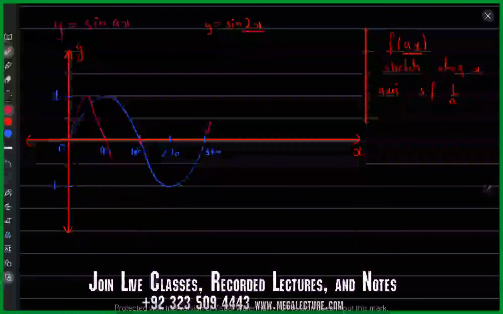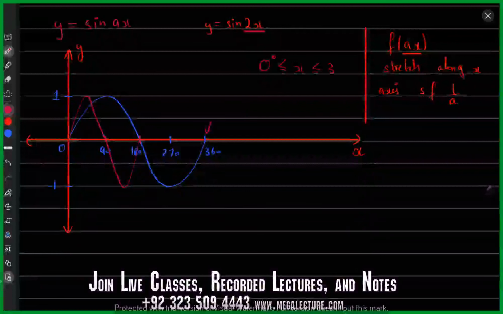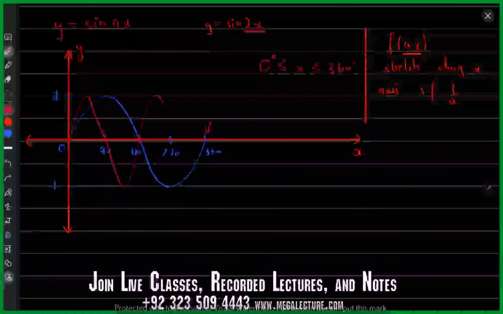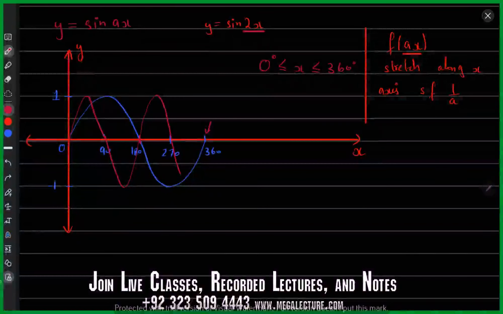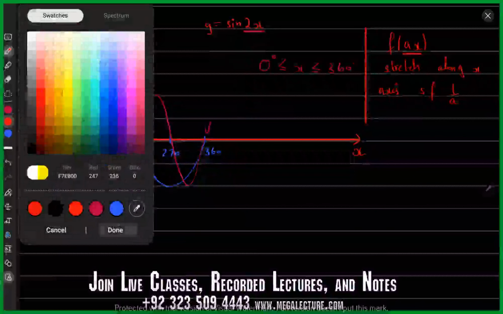So this is going to be something of this type. And again, you need to make the graph from 0 degrees to 360 degrees, so I am going to repeat the same shape like this. And this is going to be the graph. Now please pay attention. Everything would be understood in some time. Do not worry.